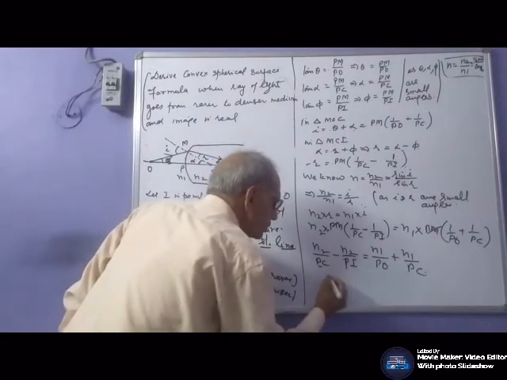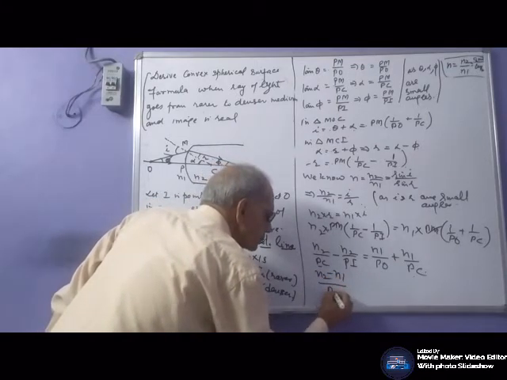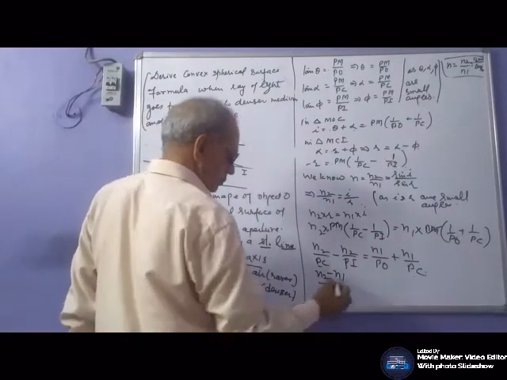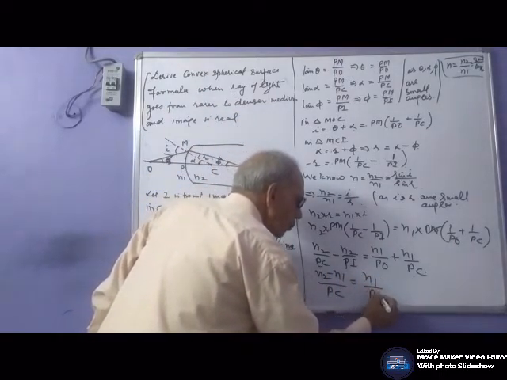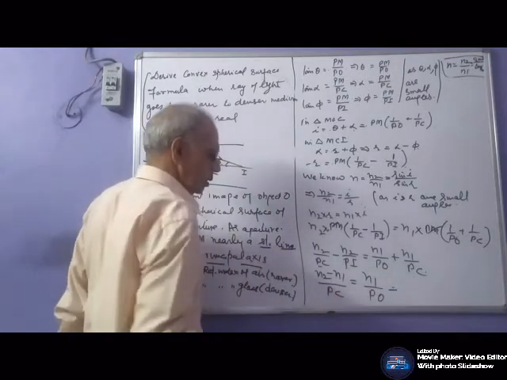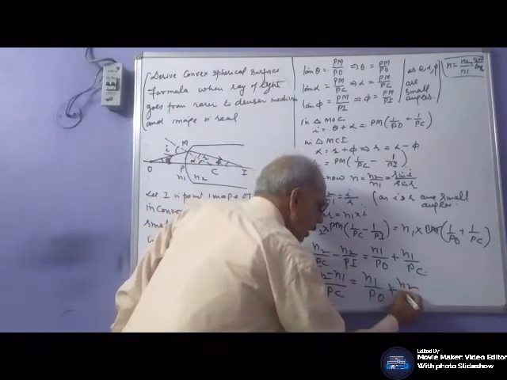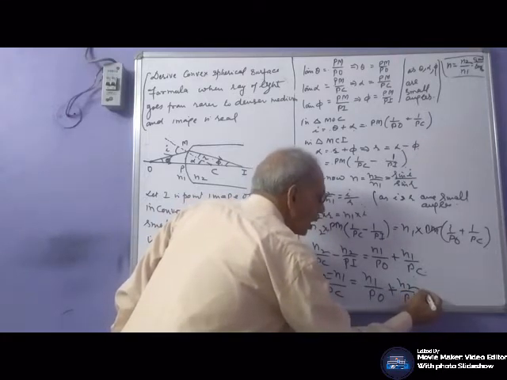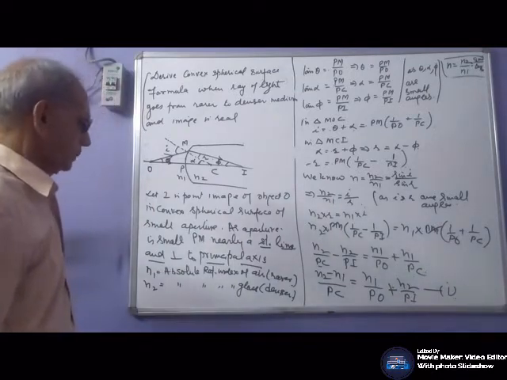Collect PC terms together: N2 minus N1 by PC equals N1 by PO plus N2 by PI. So this is number 1.